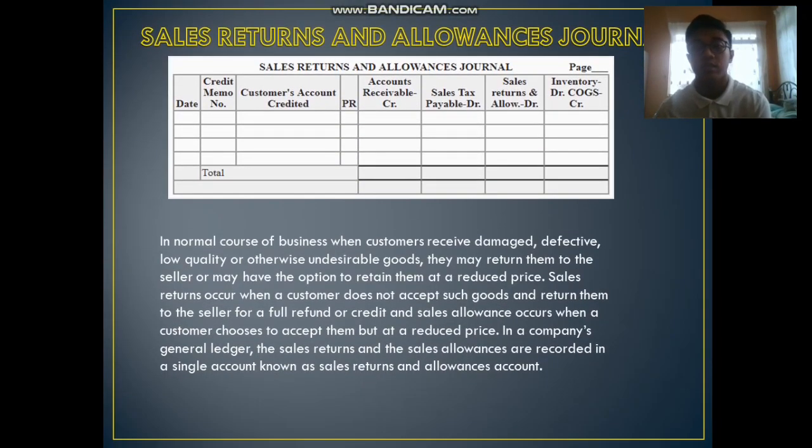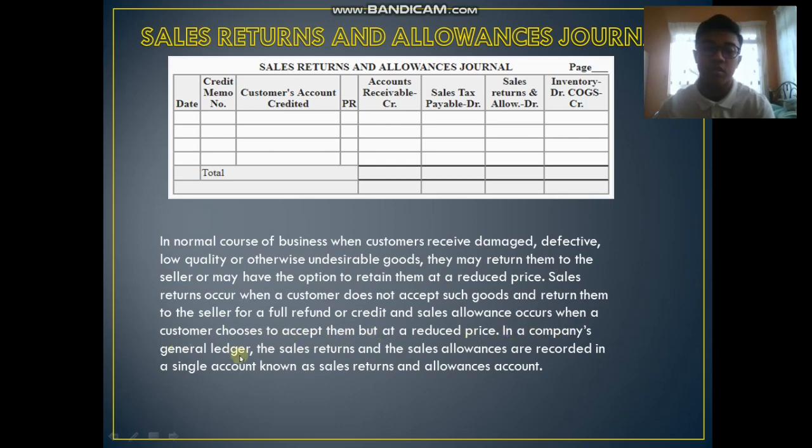Next, sales returns and allowances journal. In normal course of business, when customers receive damaged, defective, low quality or otherwise undesirable goods, they may return them to the seller or may have the option to retain them at a reduced price. Sales returns occur when a customer does not accept such goods and returns them to the seller for a full refund or credit, and sales allowances occur when a customer chooses to accept them but at a reduced price.